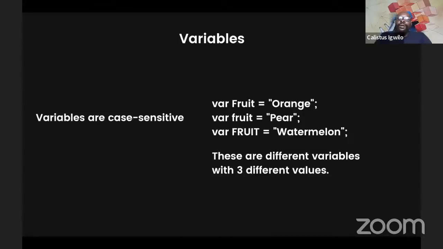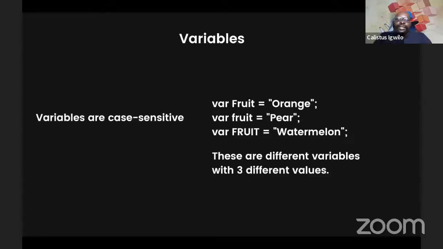Now the second one, we have var fruit, but this time all the letters are in lower case. So we have fruit equals pear. And look at the third one, var FRUIT in capital letters equals the string watermelon. Now, these are three different variables with three different values. They are not the same. When we say something is case sensitive, it means they are not the same.